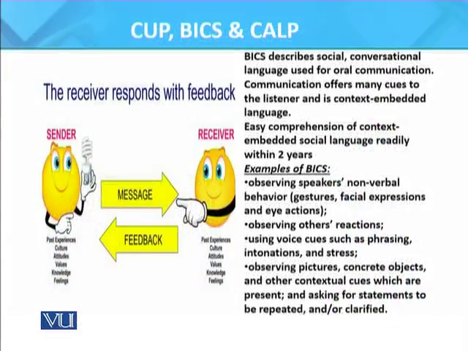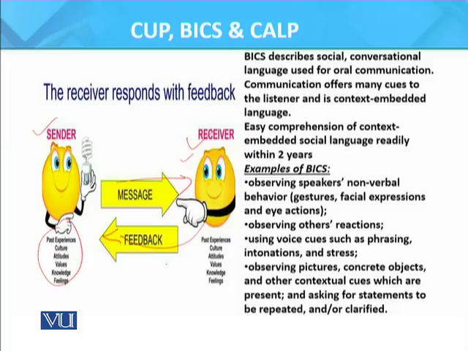In the image in front of you, you would see sender and receiver. Basically, these are two important components of any communication process, that you really have to have a sender and a receiver. Sender sends a message to the receiver, and after interpreting and comprehending the message, the receiver provides the feedback, and it is the feedback that determines that meaningful communication has taken place, or that the message sent by the sender is appropriately and relevantly understood by the receiver.